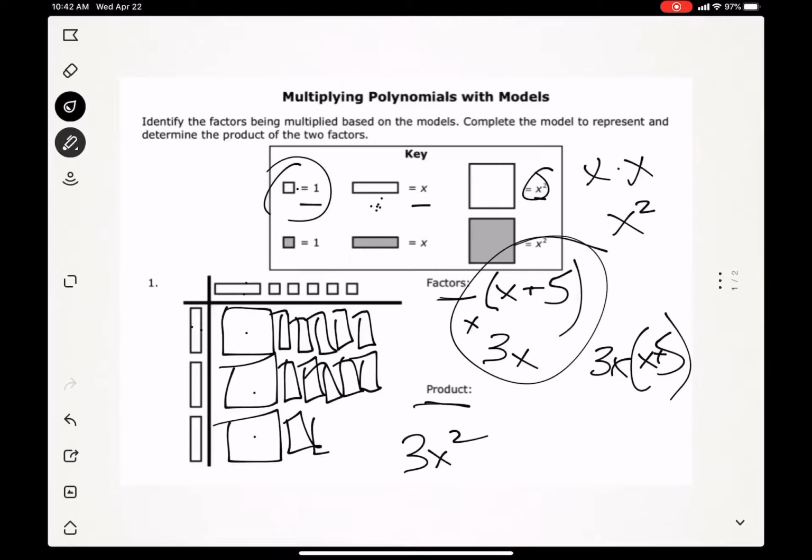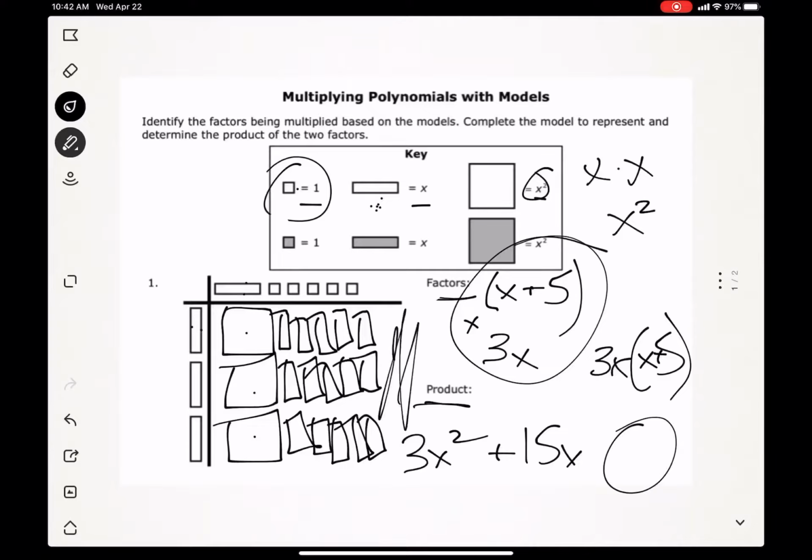How many x's am I going to get? Well, I'm going to get 15 x's. So it's going to be 3x squared plus 15x. Now, do I have any constants over here? No, because I don't have anything left over in this area where I would multiply a 1 times another 1, or a constant by a constant. So my final product is going to be 3x squared plus 15x.